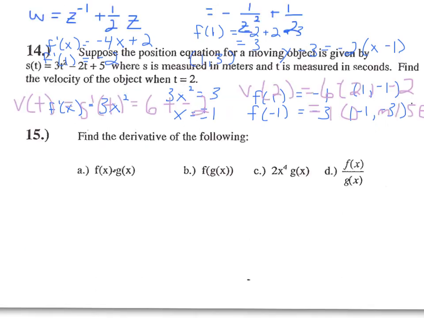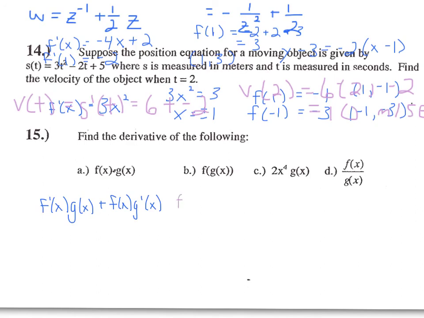Alright, for our last problem on this page, 15, we want to find the derivative of the following. And so if we want to find the derivative of f of x times g of x, that is just the product rule. So the derivative would be f prime of x times g of x plus f of x times g prime of x. And for part B, we have f of g of x, and that would be the chain rule.